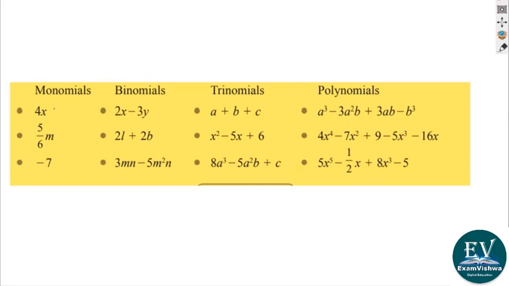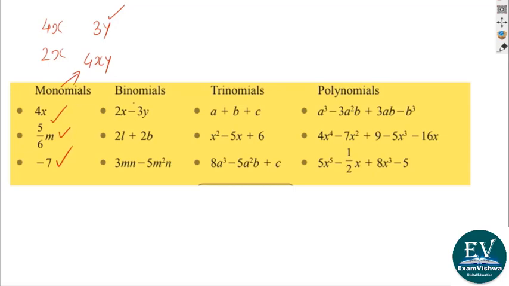An algebraic expression will have terms. 4x is a term, 2x is another term, 3y is a different term; 4x and 2x are like terms. Something like 4xy is again a single term, and we name it a monomial. All these are monomials, and it can be a constant also.